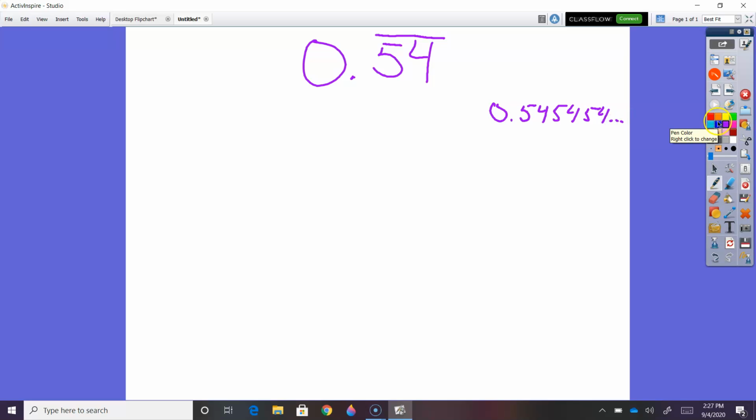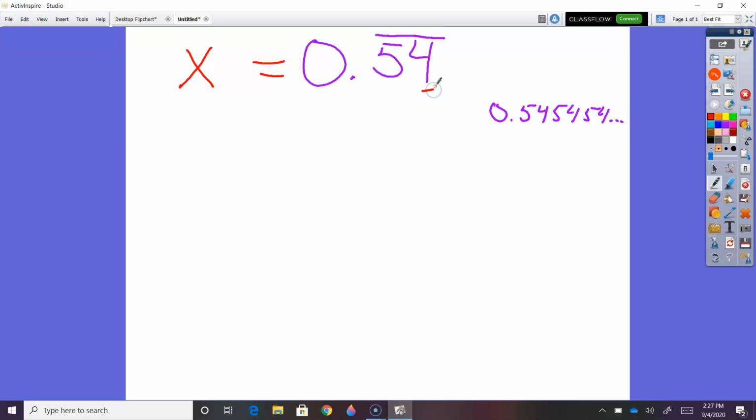Let's say that we have 0.54, and in this situation, the 5 and the 4 keep repeating. So it would be 5, 4, 5, 4, 5, 4, 5, 4, so forth. So what we're going to do is set this equal to x, and I'm going to solve the equation.